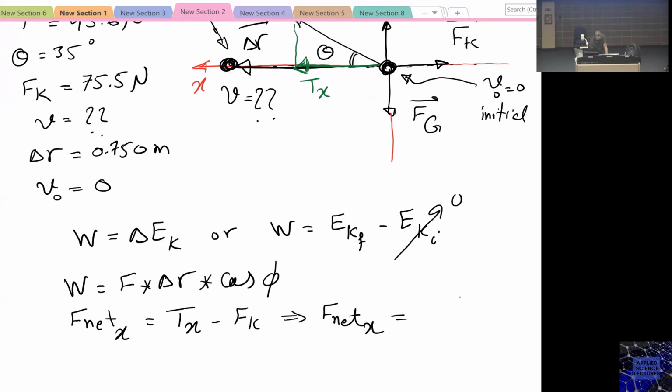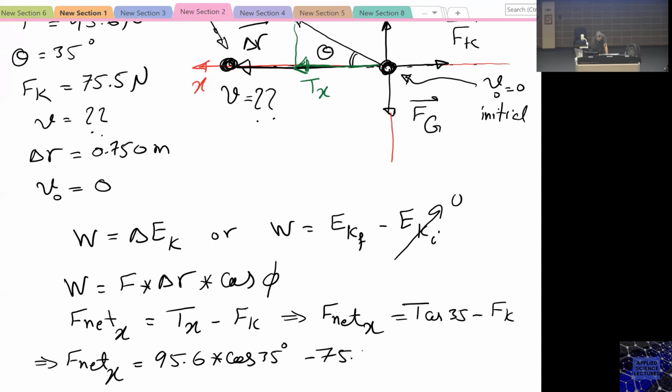So here, first of all, I need to find F net x, so this is T cosine 35 minus Fk. F net x is 95.6 times cosine 35 degrees minus 75.5.